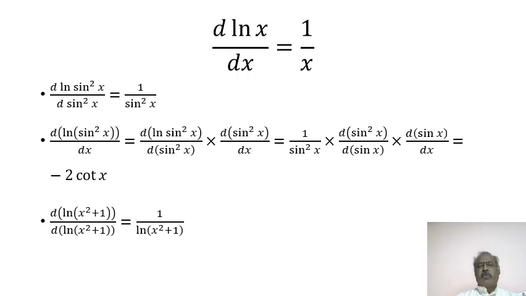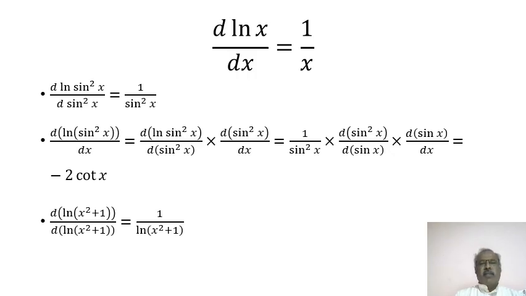Or if you have a plus b x plus 1 whole cube, for example, you can use the polynomial expanded form and ask for derivative with respect to it. So log of sine square x, d of log of sine square x with respect to sine square x will be equal to 1 over sine square x.